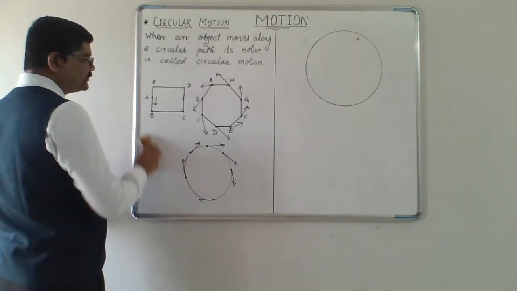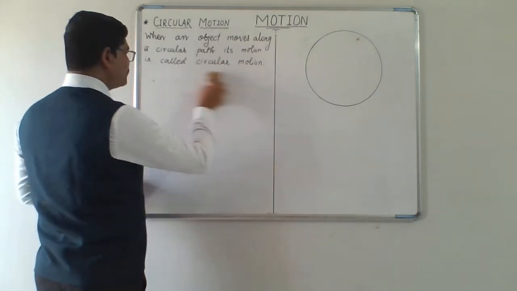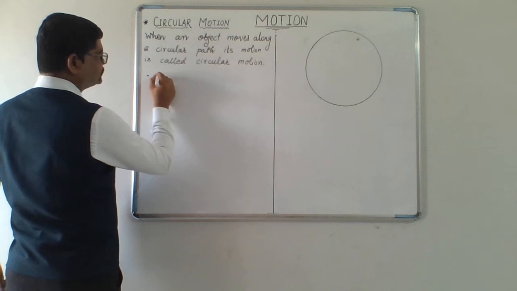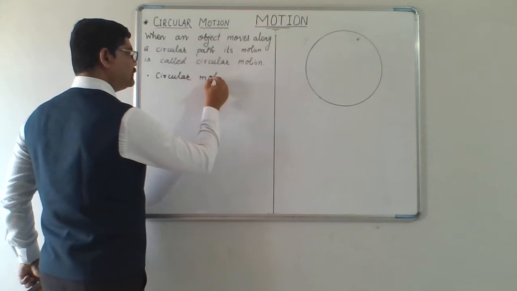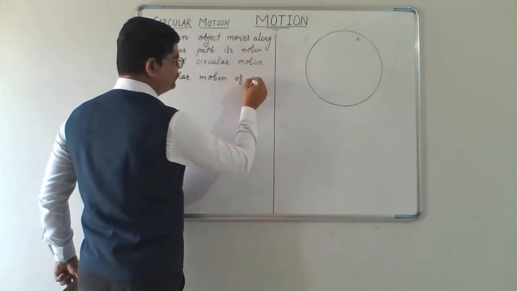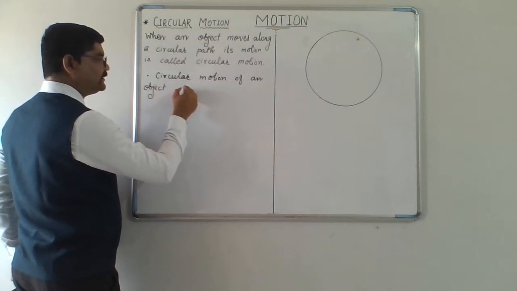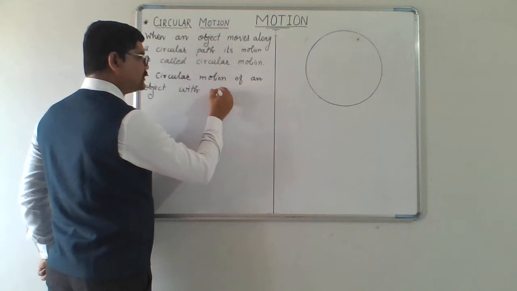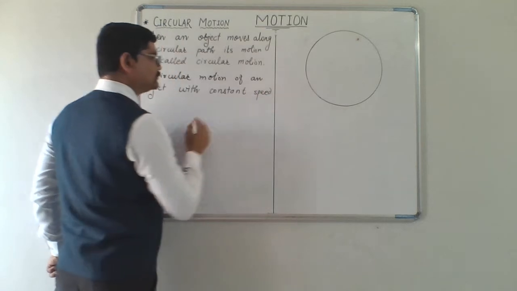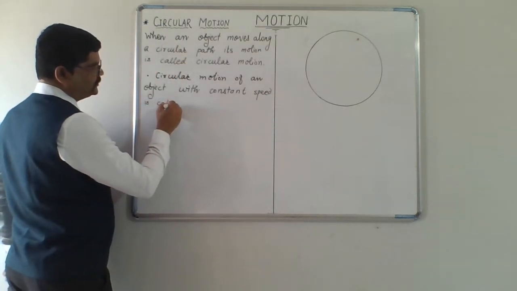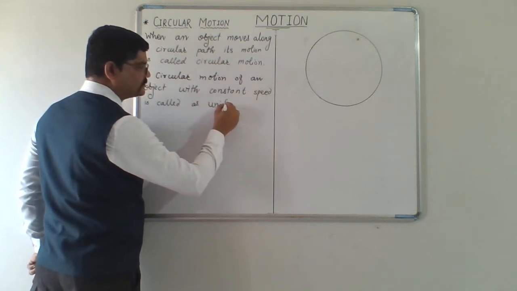So let us write uniform circular motion. We will define uniform circular motion. Circular motion of an object with constant speed is called uniform circular motion.